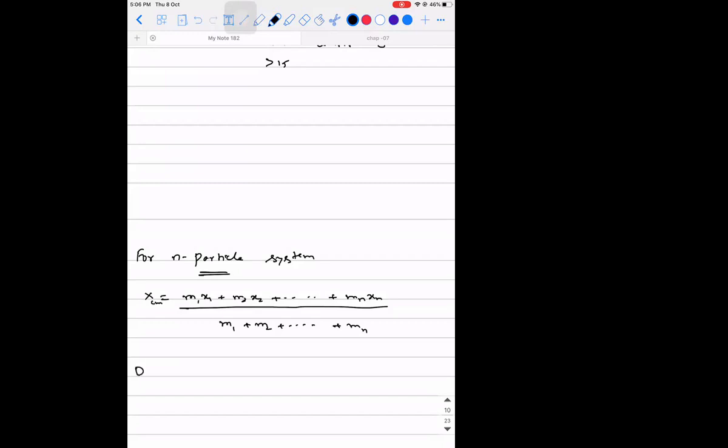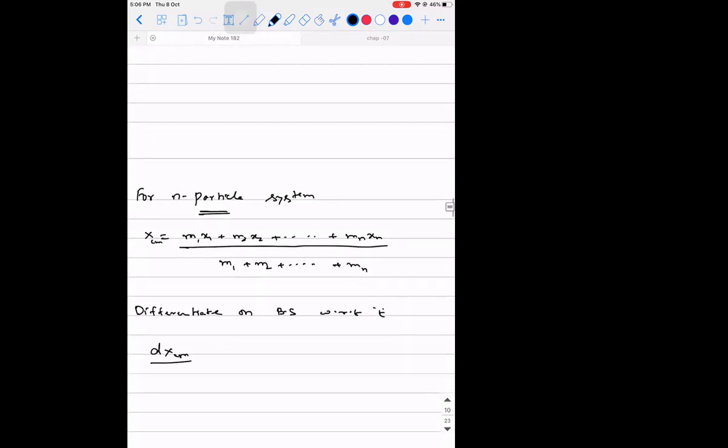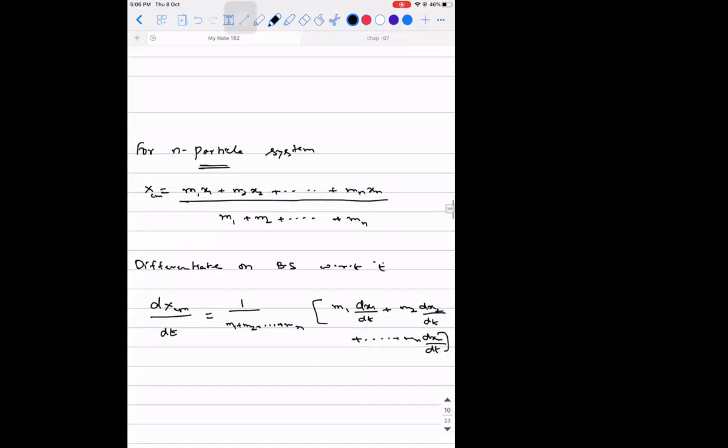The question is, what will happen if I differentiate on both sides with respect to t? If I differentiate with respect to t, I'll get the derivative of the x coordinate of the center of mass with respect to time equal to 1 divided by m1 plus m2 plus so on till mn, into m1 times the derivative of x1 with respect to t, plus m2 times the derivative of x2 with respect to t, plus so on till mn times the derivative of xn with respect to t.